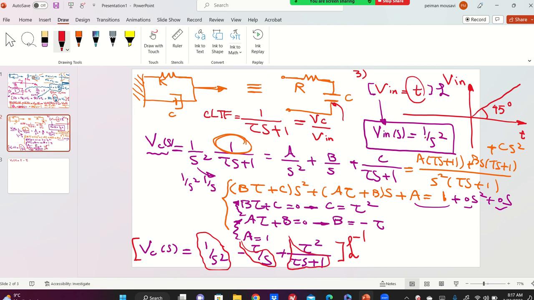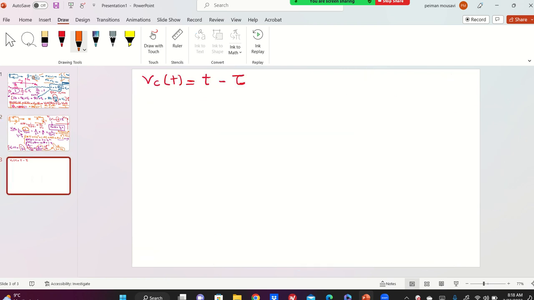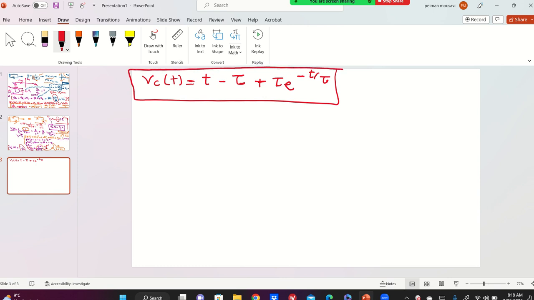Because you can write this as this, tau s plus 1 over tau. So this function is going to be exponential, that's right. So you're going to have plus tau e to the minus t over tau. Here we go. We found it.